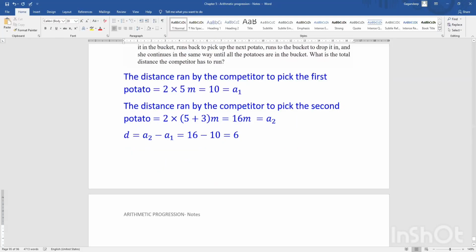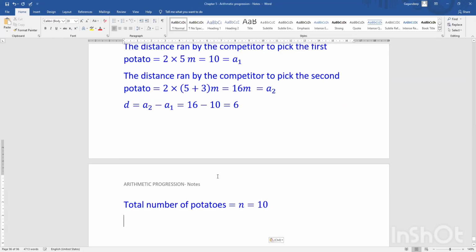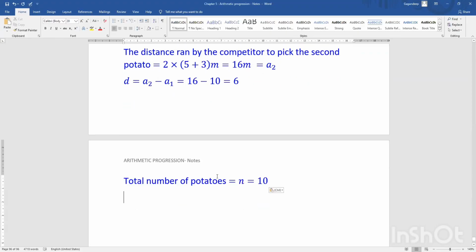The total number of potatoes we have will be taken as n, so n is equal to 10. Now the total distance run by the competitor, take it as Sn, which is S10, because the number of potatoes is 10, n equals 10.